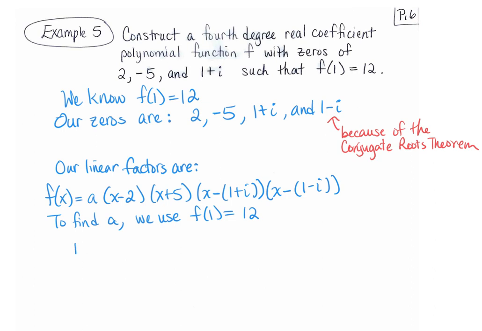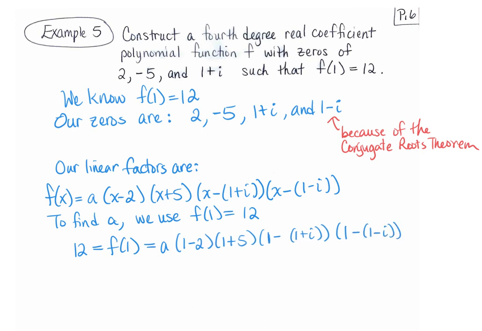Whenever you have f of 1, that means x is 1. So this is now a times, we're going to substitute in 1 for x: 1 minus 2 times 1 plus 5 times, be careful with your parentheses here, 1 minus parentheses 1 plus i, times 1 minus parentheses 1 minus i, and close it up.